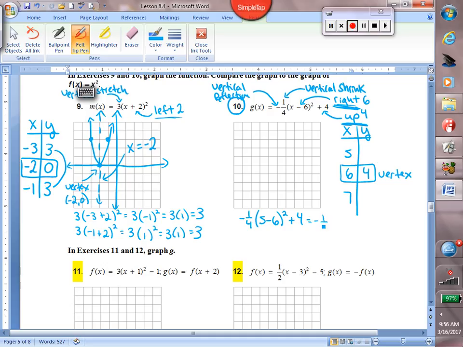Order of operations, I do what's in the parentheses first, so I end up with -1. Exponents are next. I square 1, I get +1. Multiply before I add, so I'm going to end up with 1/4 plus 4, which will just give me 4 1/4.